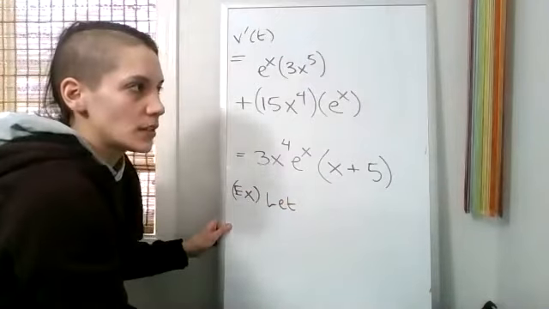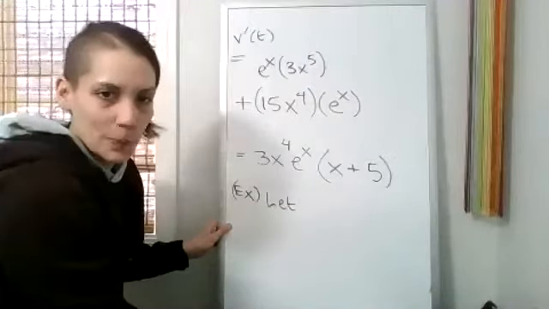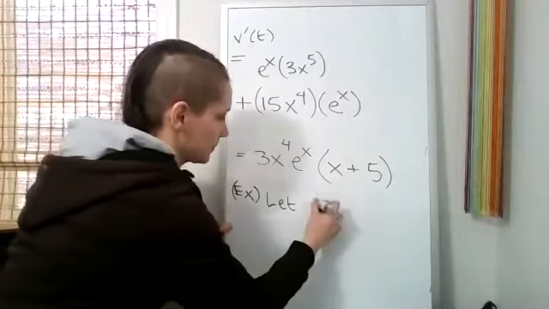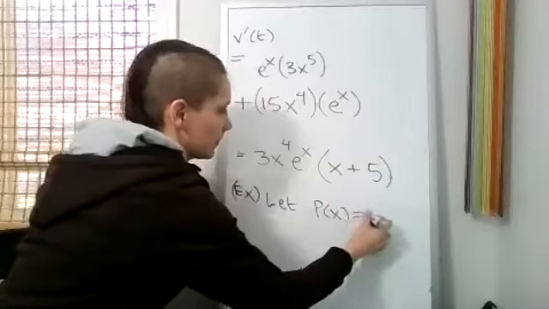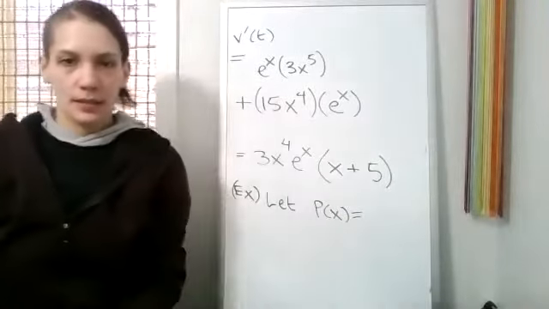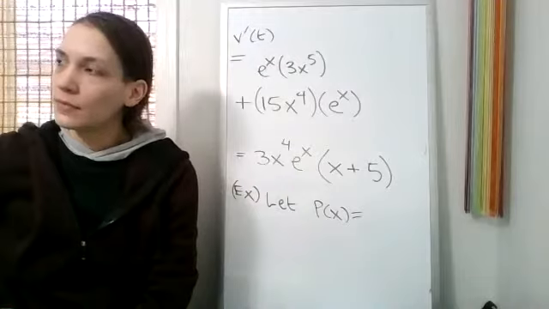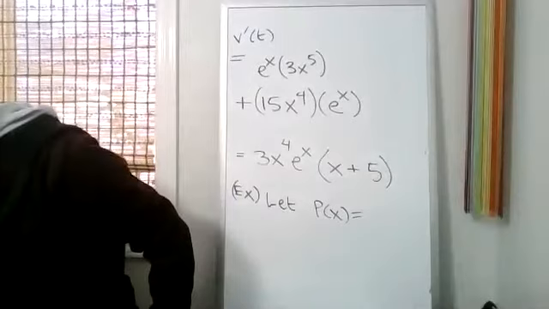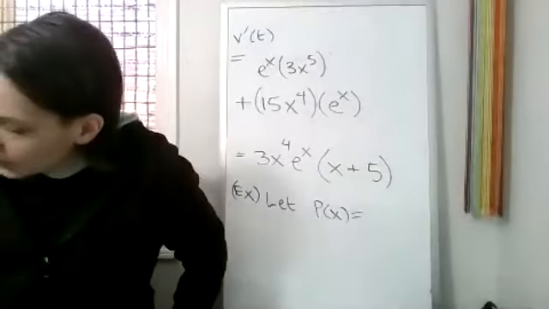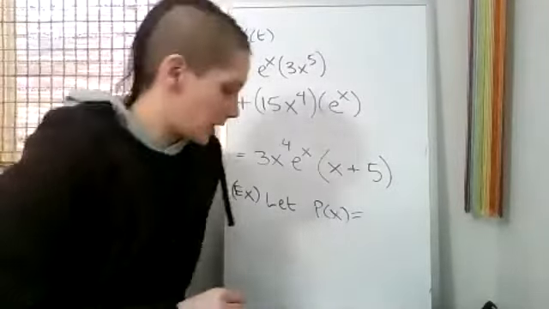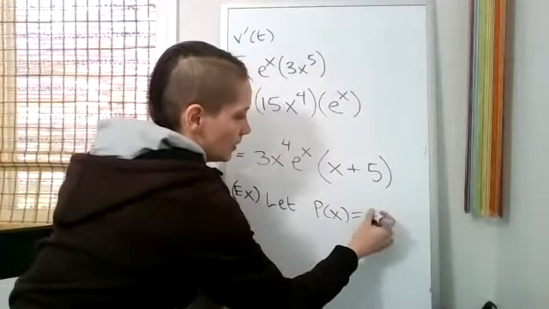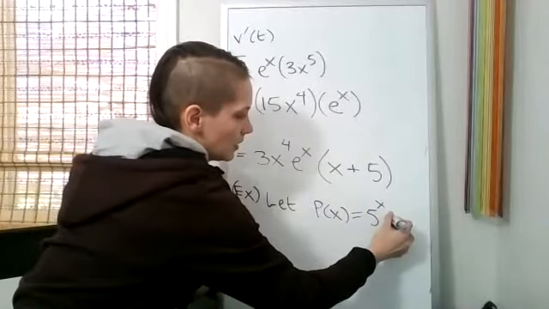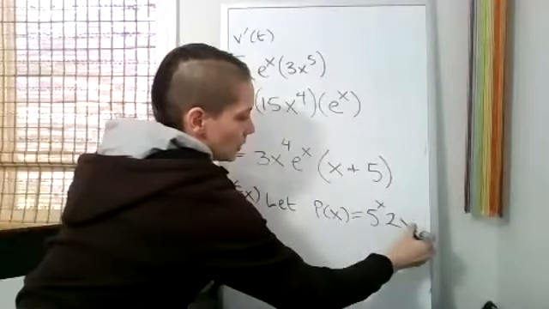I'll call this function capital P of x, and it is, okay, we'll do 5 to the x times root x.